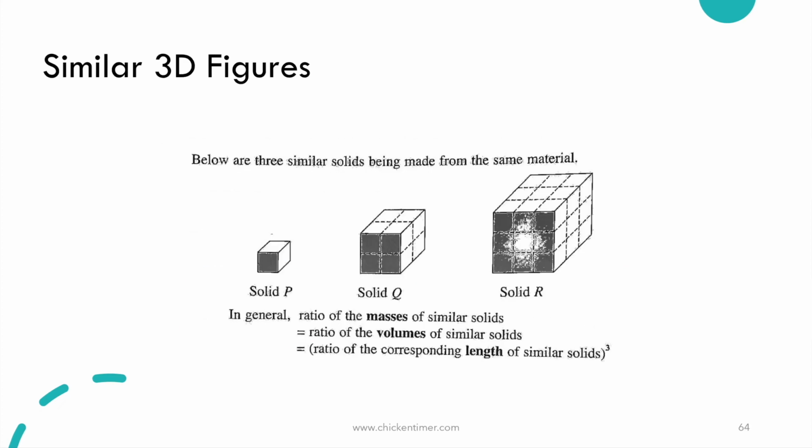Then there are similar 3D figures. That means the ratio of their masses and their volumes will be equal to the ratio of their lengths to the power of 3. So this is what we need to take note of for the next question.